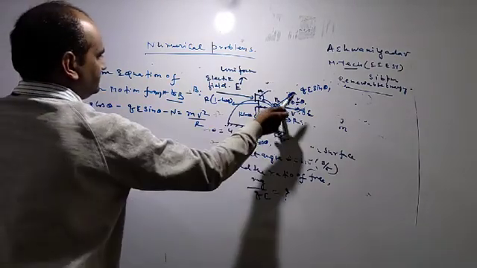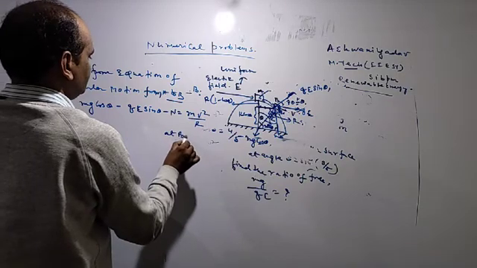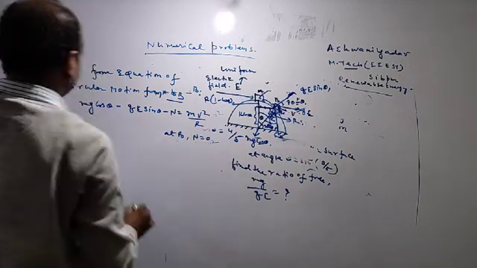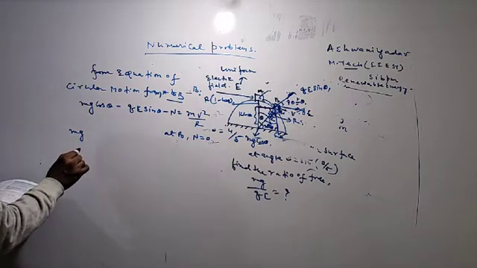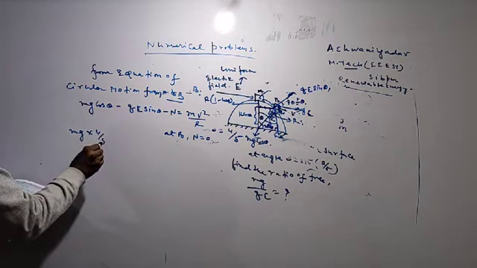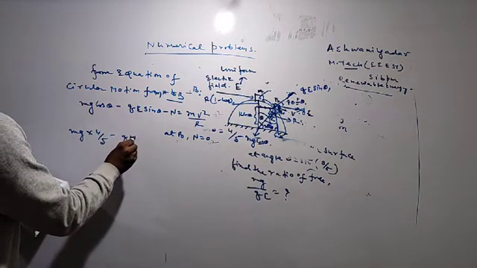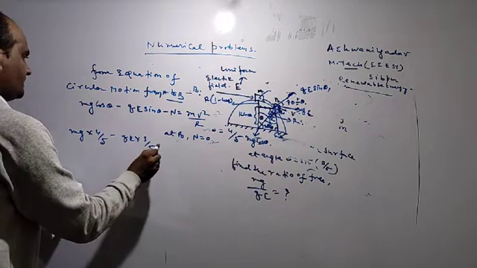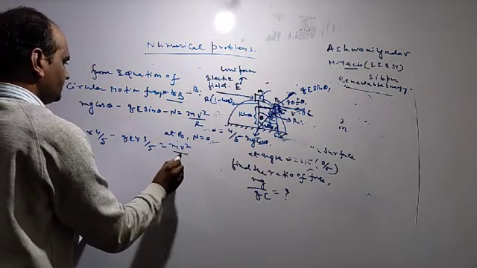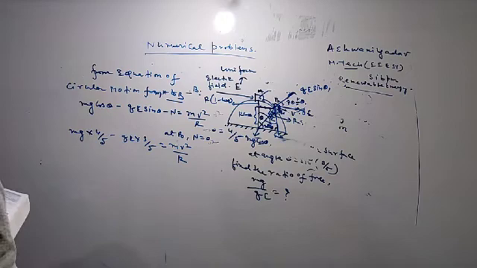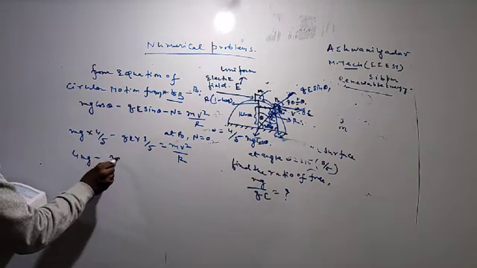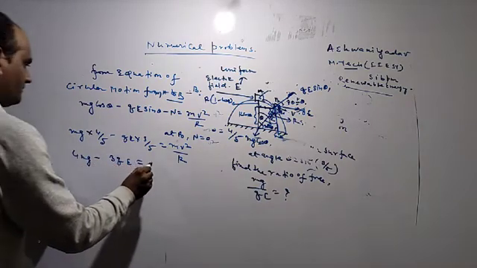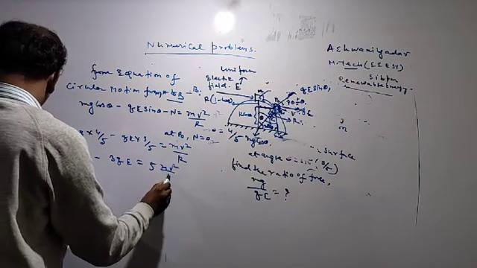Now at this point B, N is equal to 0. Now we have mg into 4 by 5 minus QE into 3 by 5 equal to mv square by r. Now again, 4 mg minus 3 QE equals 5 mv square by r.